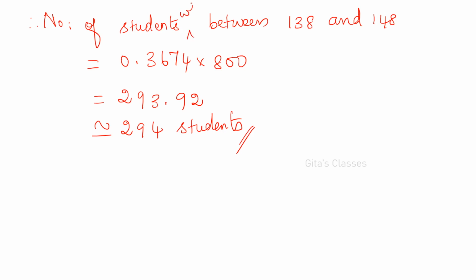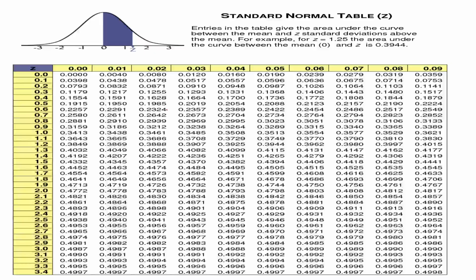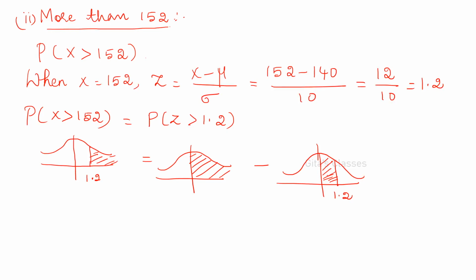You have to multiply the probability by 800, so 293.92. Because it is the number of students, you cannot write a fraction, so it should be rounded off: 293.